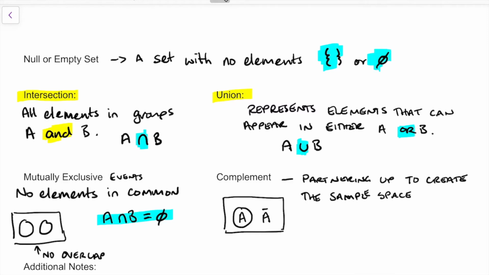To write this, the complement of A is not A. Other ways to write that, you could have A dash or even A^C to represent that complement.